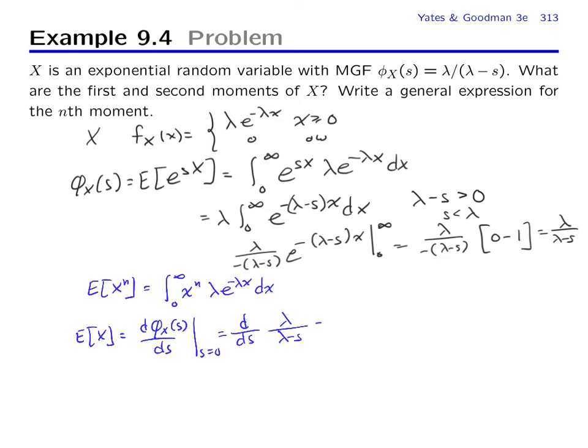We're going to evaluate at 0, but let's first take the derivative. This is equal to minus lambda over (lambda minus s) squared times the derivative of lambda minus s, which is minus 1. So it's lambda over (lambda minus s) squared.